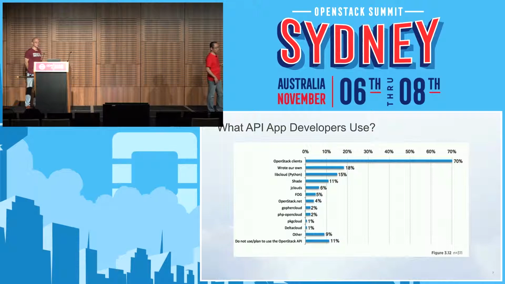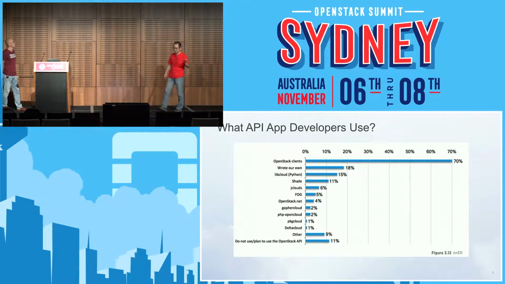Fog is for Ruby, next is one for C# and Go, then PHP, and then Node.js and JavaScript. So we can see the popular OpenStack SDKs have already covered almost all the popular programming language platforms.